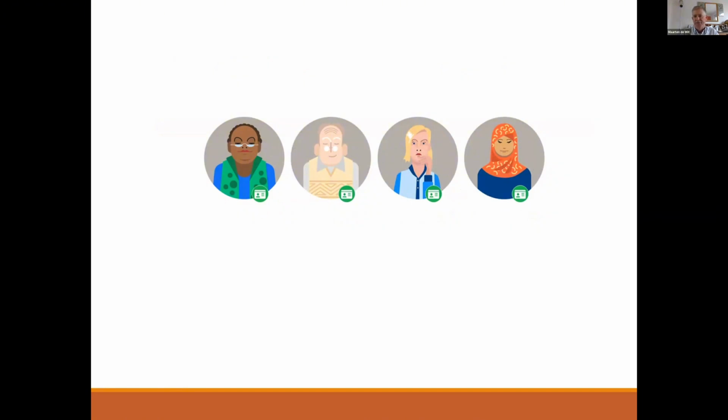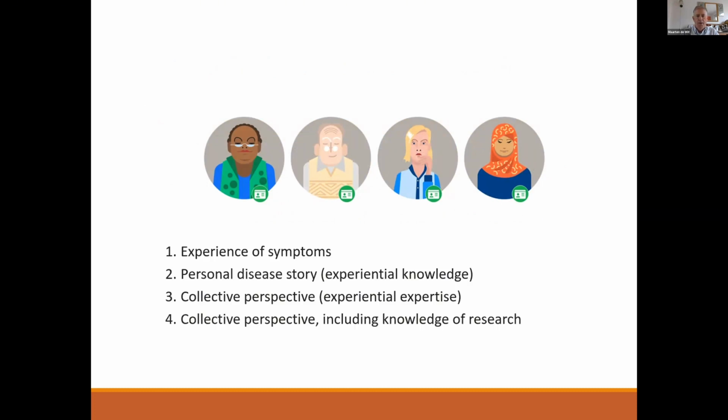So they have different expertises and competences. And they differ in the extent that they have experience with symptoms, whether they already have a personal disease story, whether they are able to be active on a collective level, and whether they have experience in doing research.